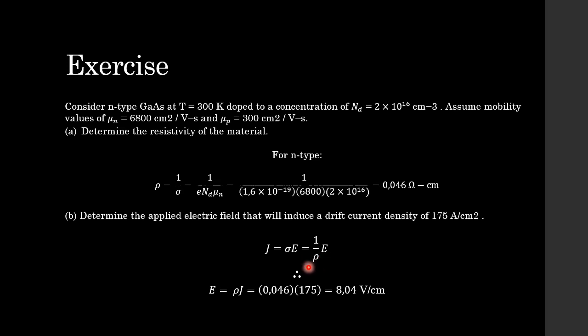Multiply both sides by resistivity so we can make the electric field the main part of this equation, and then we have our resistivity and we have our drift current density. Plug and play, students, there is your answer. This would make a very nice MCQ question. Keep that in mind. That brings us to an end for drift current.